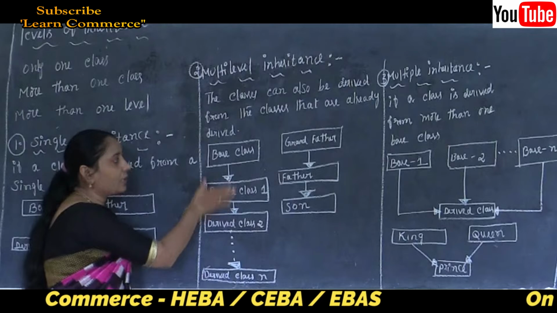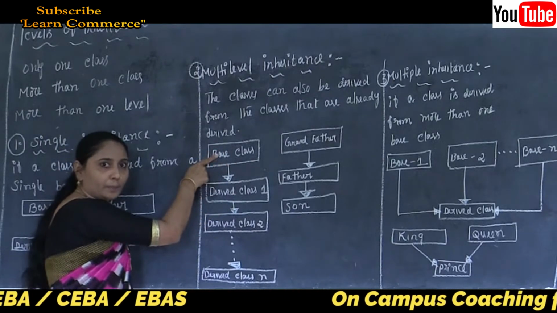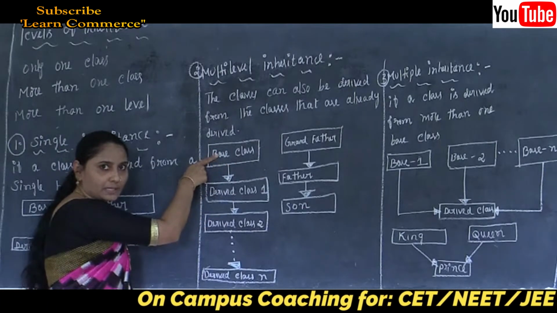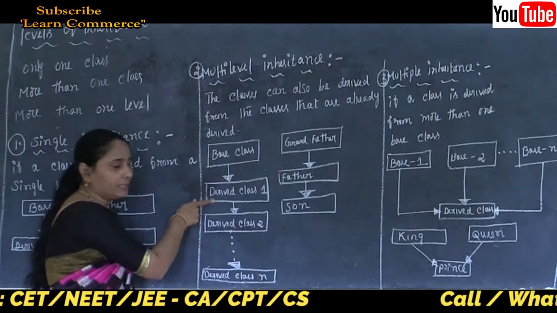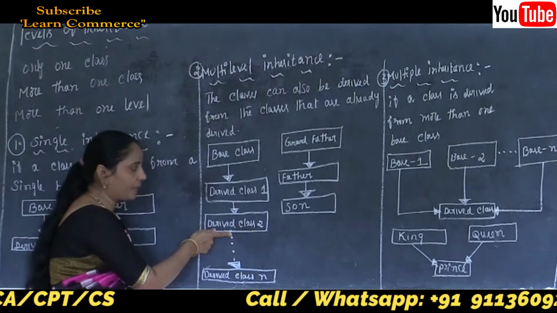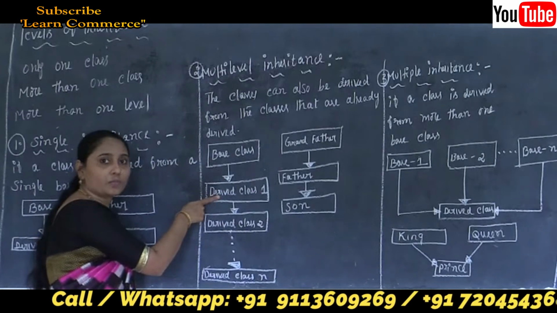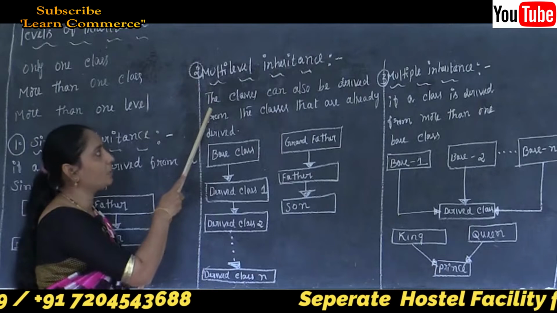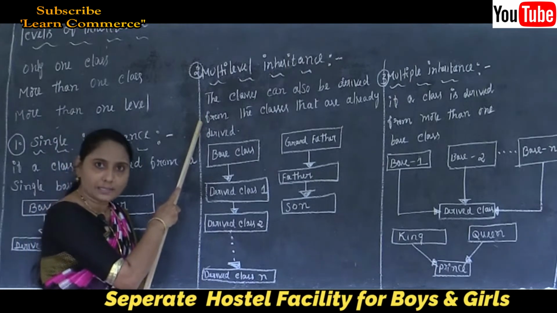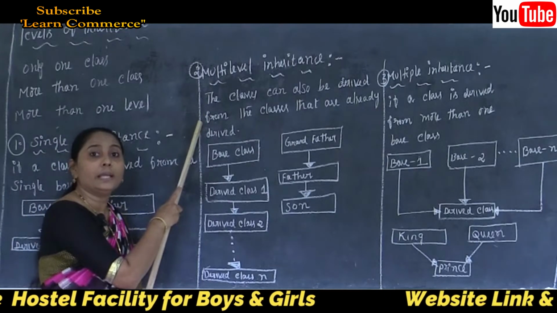First we constructed the base class. Using the base class we constructed derived class 1, and derived class 2 is constructed using derived class 1. So the classes can also be derived from classes that are already derived.